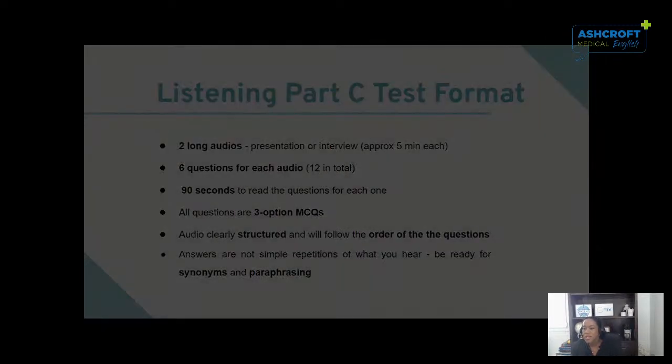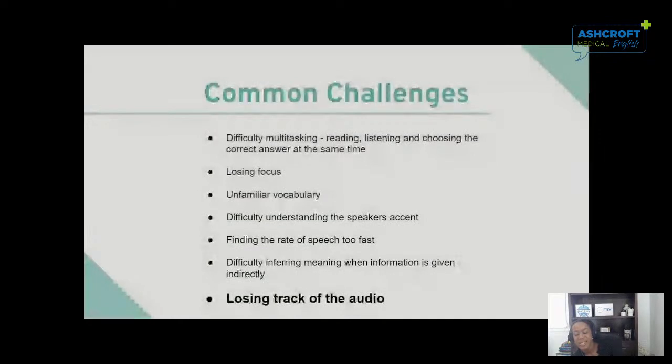So, some common challenges in Listening Part C. Over the years of preparing students for OET, these seem to be some of the most common challenges. Often my students mention that they find it challenging to multitask. That is, read the questions and options, listen carefully, and process the information in order to choose the right answer.